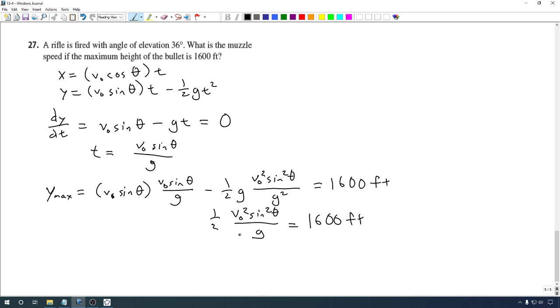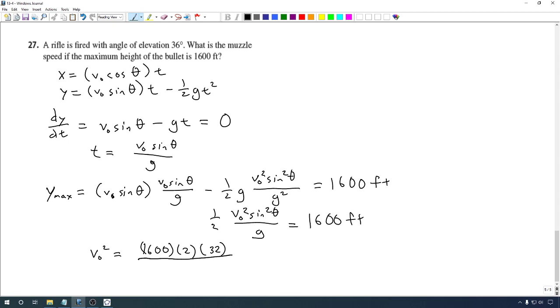If we go ahead and solve for v naught, we have v naught squared is 1,600. We end up having to multiply that by 2 for the 1/2. We multiply by g, and g is going to be 32 feet per second squared because we are working with feet. So we multiply by 32.